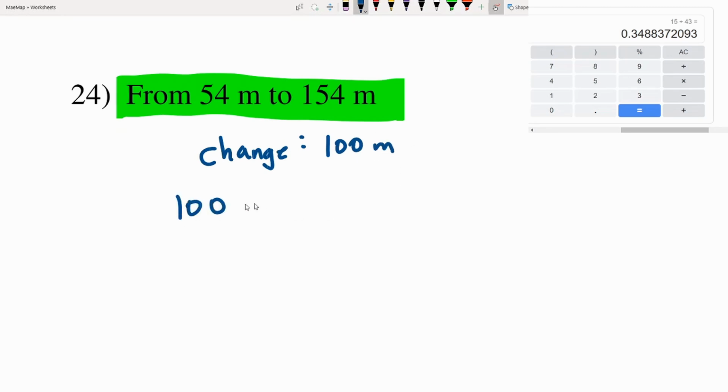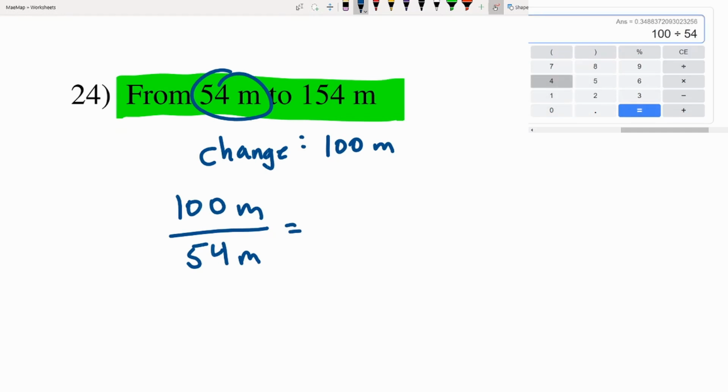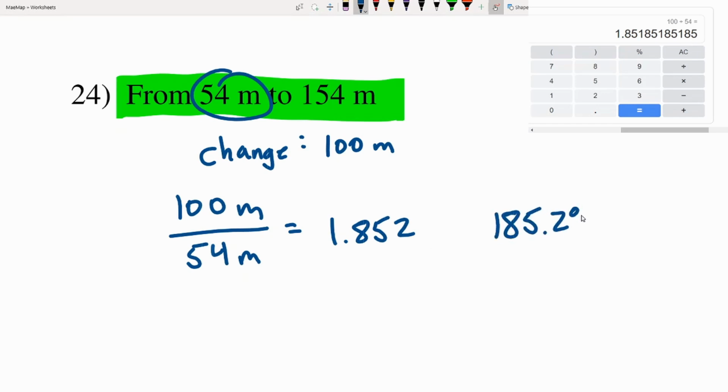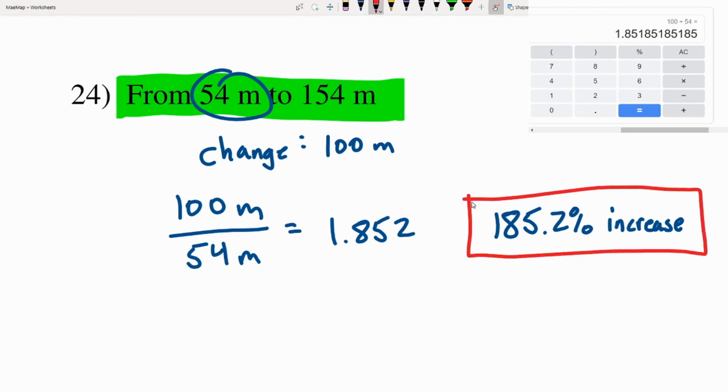So I'll take that change and put it over my original 54 meters. 100 divided by 54 is going to give me 1.852, and when changing that to a percent, that's 185.2%, and that's an increase. So I have a 185.2% increase for my last problem on this worksheet.